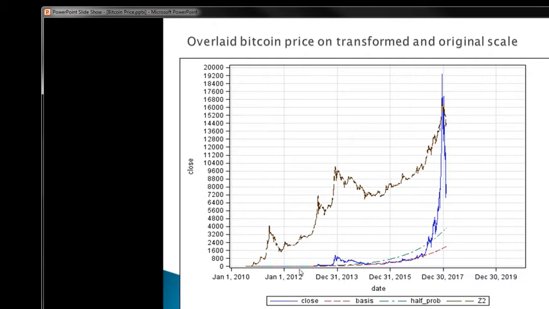On this scale you are not going to see the small peaks clearly, but on this scale you see all the Bitcoin rising and collapsing, rising, collapsing, and this one rising again. But as I said, 4.5 years out of 8, the price stays close to its basis, which is the red line.